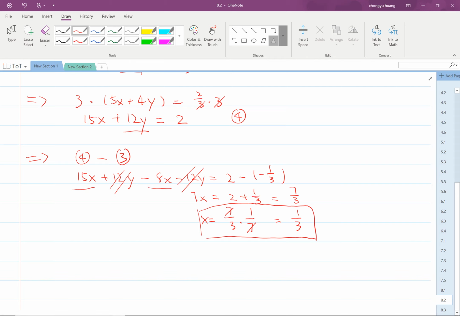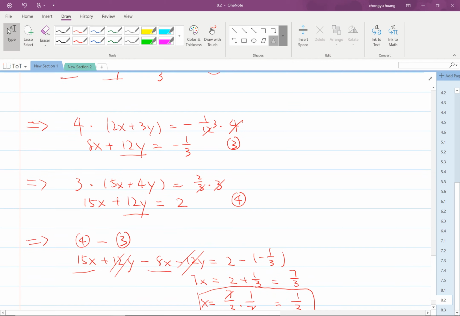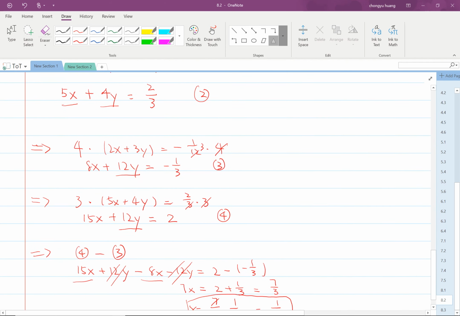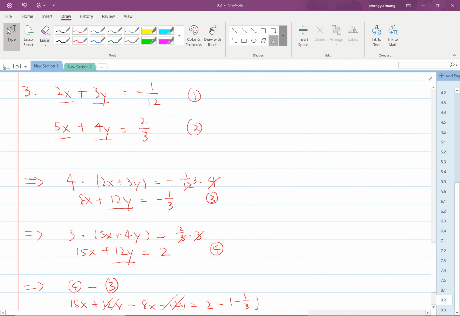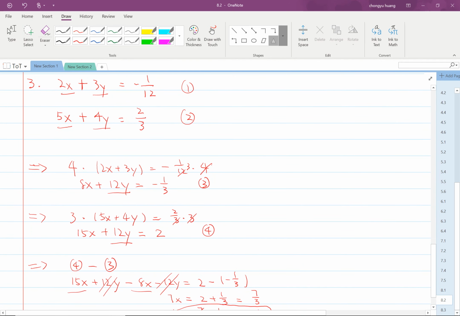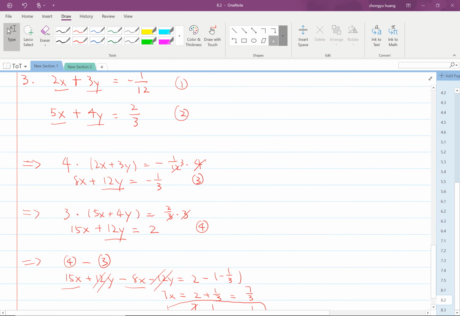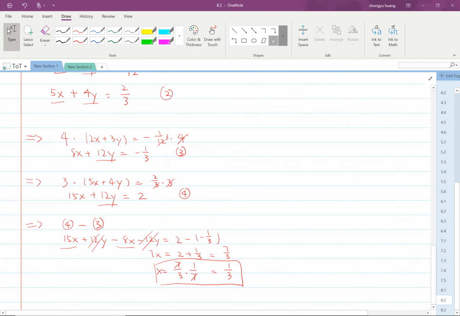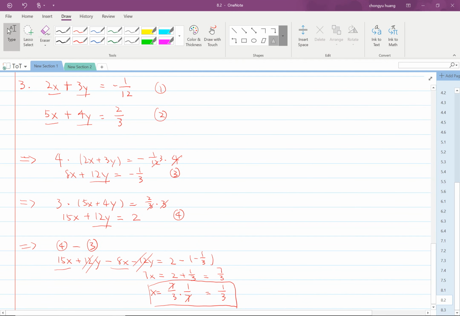So now you just have to plug it into any equation, right? You choose the equation which is easy for you to find y. You take a look at equation 1 and 2 and try to find the one which is a little bit easier.